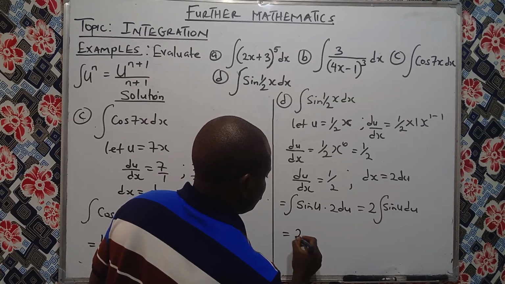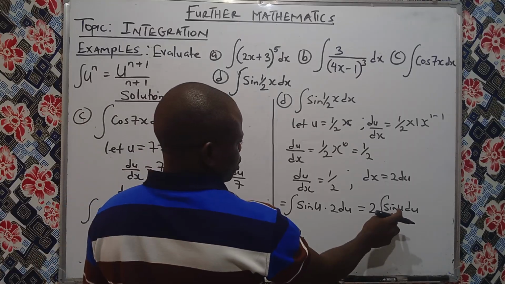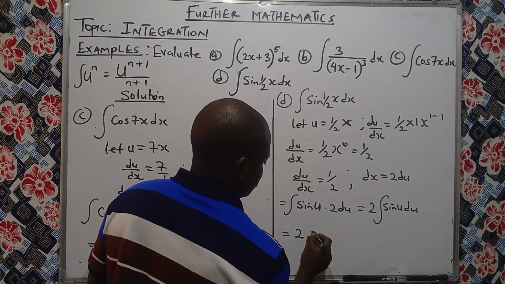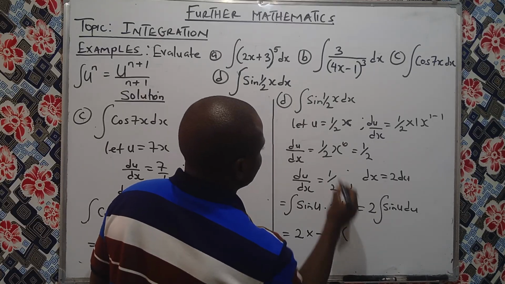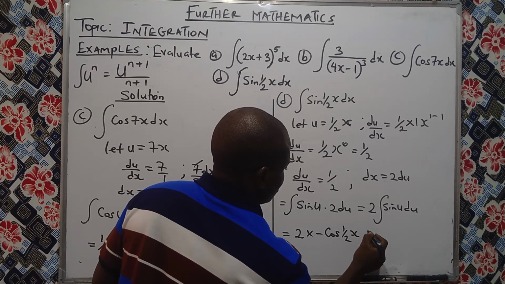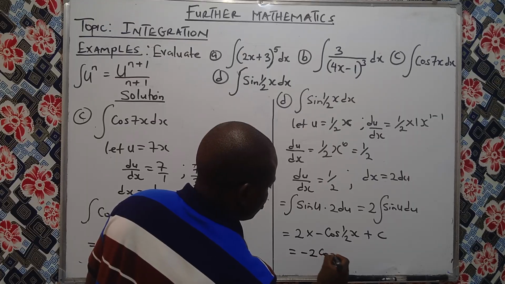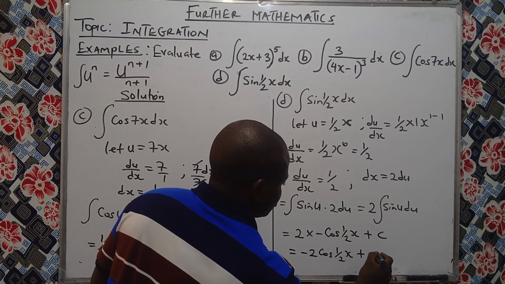When you integrate sine, you get minus cos, so 2 times minus cos u. What's u? That's half x. So it equals minus 2 cos half x plus c.